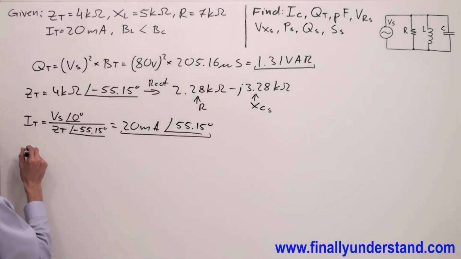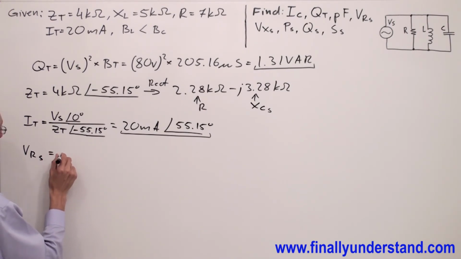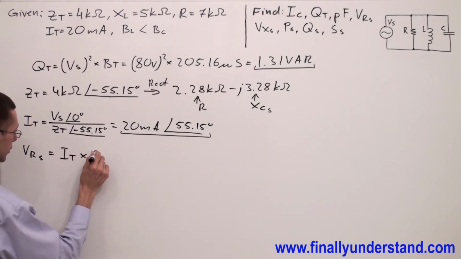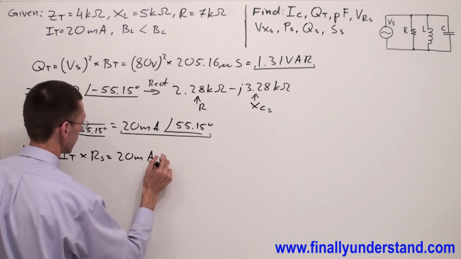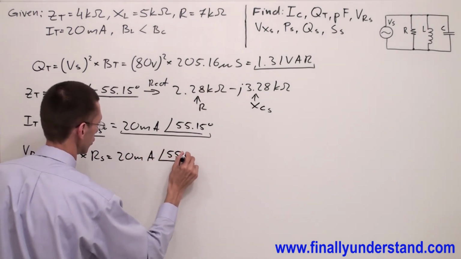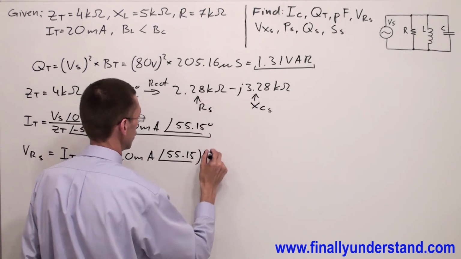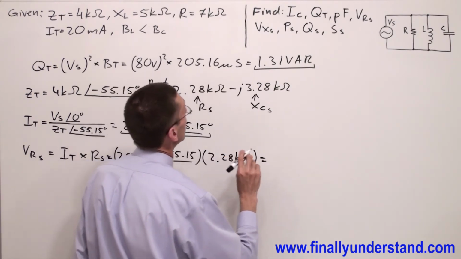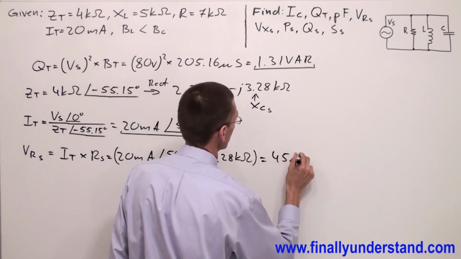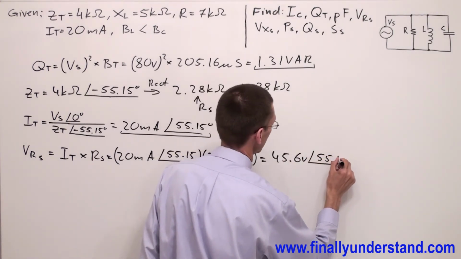So the voltage across the resistor in the series equivalent circuit is equal to I total times RS, where we have I total 20 milliamps and angle 55.15 degrees, multiplied by RS, this is my RS, 2.28 kilo ohms, and this is equal to 45.6 volts and angle of 55.15 degrees.